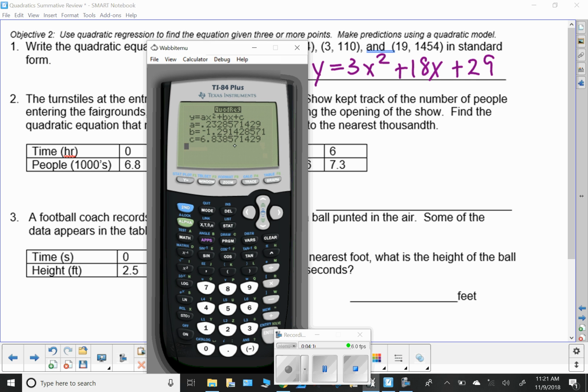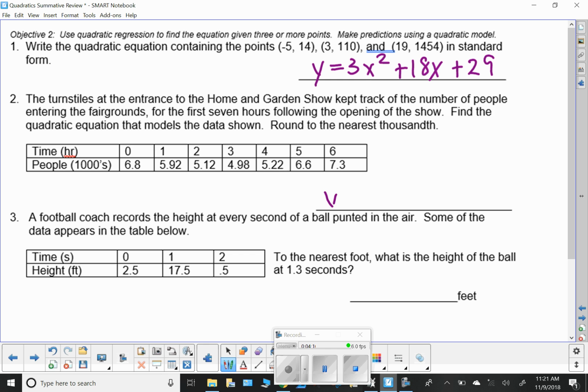So this is going to round to a 3, stay a 1, and round to a 9. So you should have y equals 0.233x squared minus 1.291x plus 6.839. That's the equation.